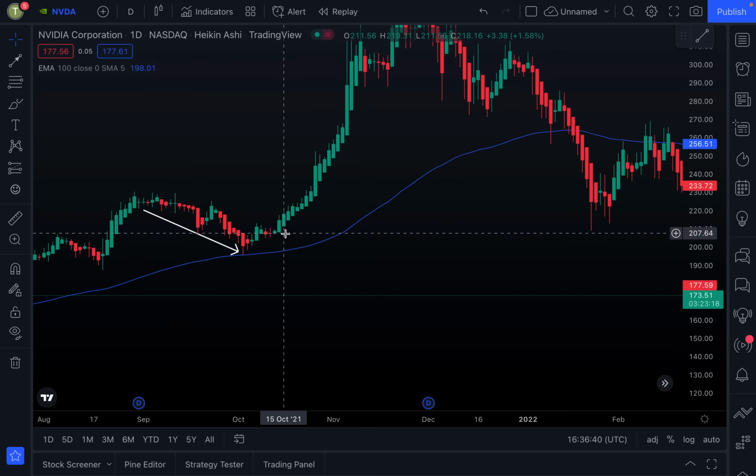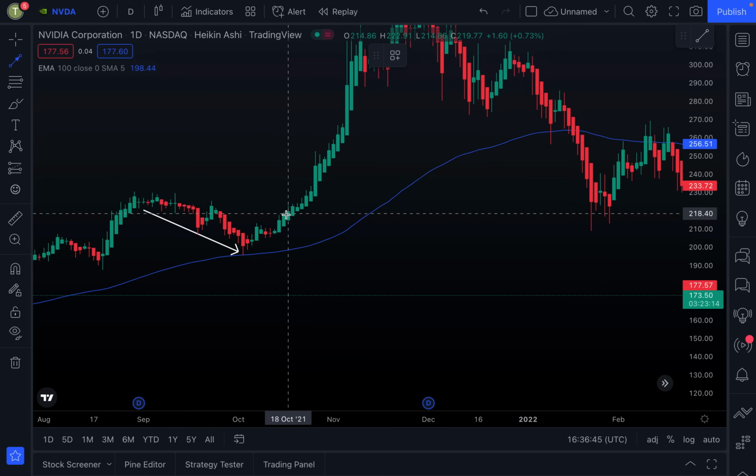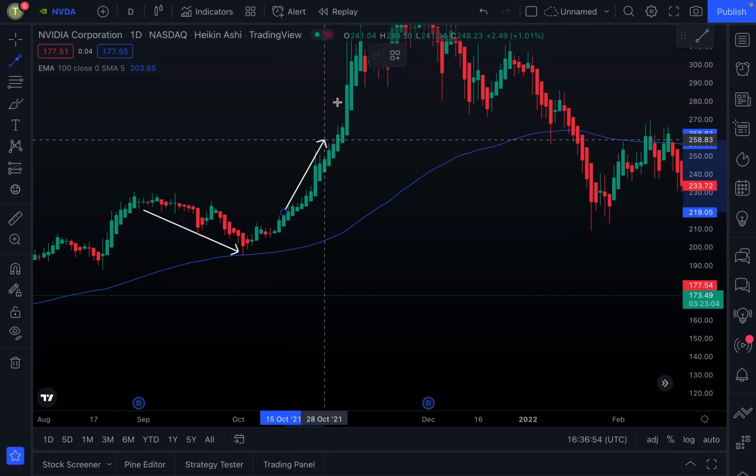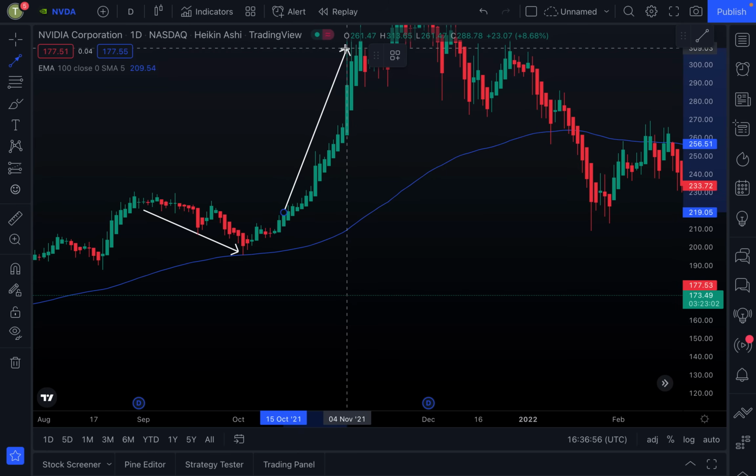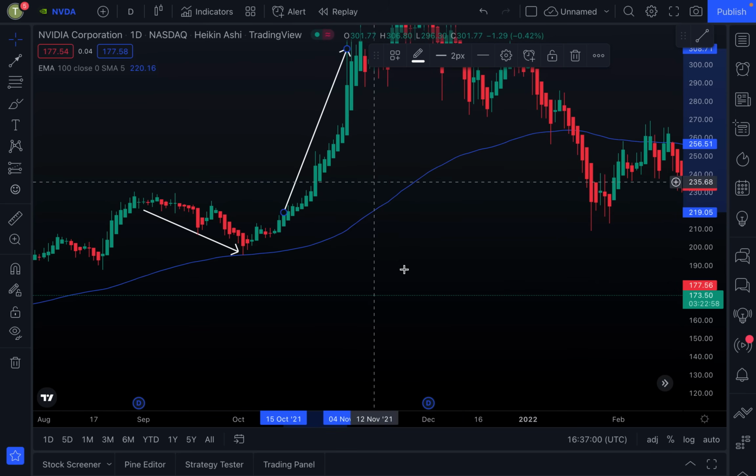So potentially here, after our second bullish green candle showed up one after another, might have been a good place to enter a long position. And if you had done that, as you can see, NVDA made a huge move after this, so you would have definitely made some money.